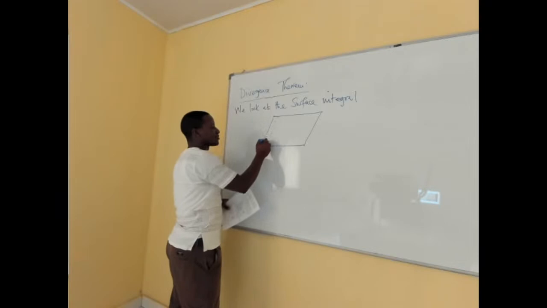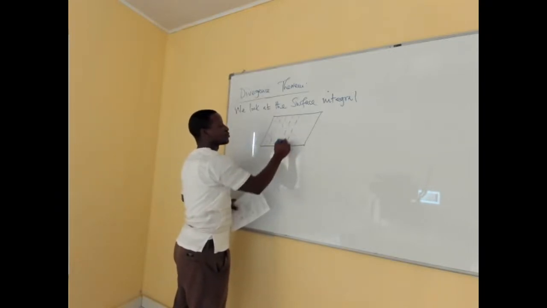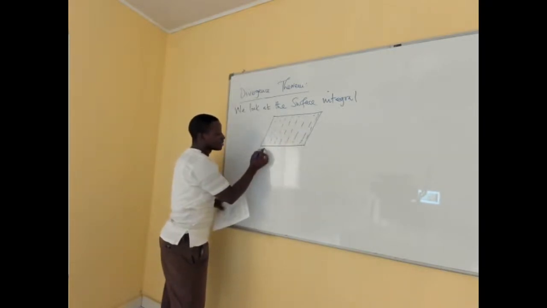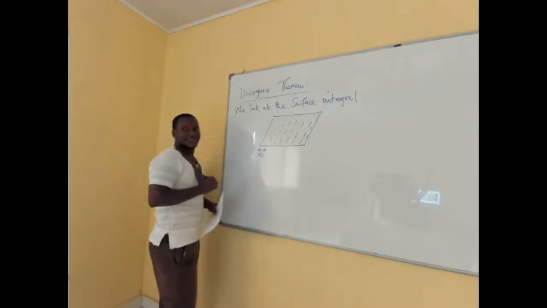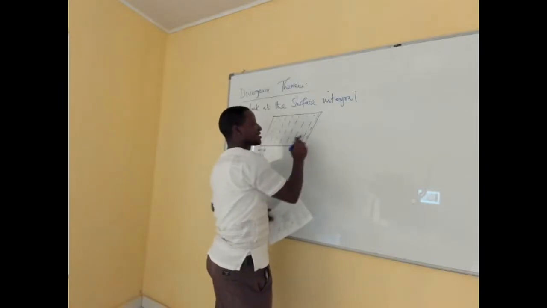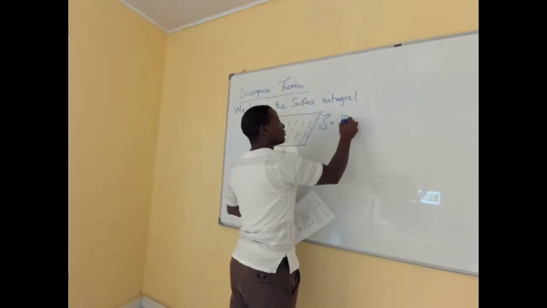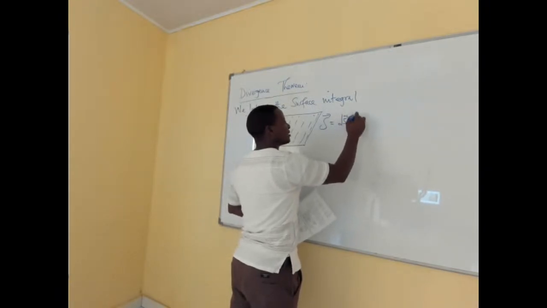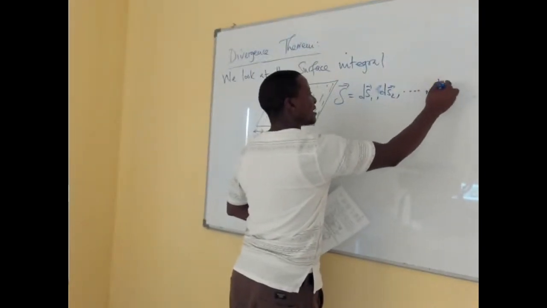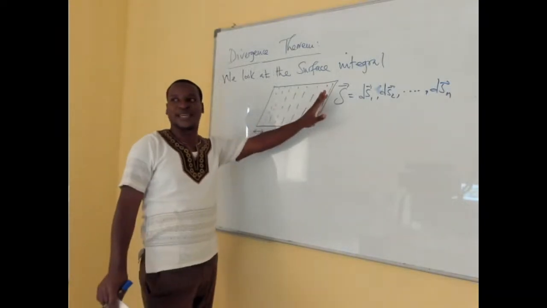Then we cut it into small surfaces, which we were calling the ds. From this point to this point, we're calling this ds. Then the total surface was given by ds1, ds2, up to dsn, that is the number of surface segments that we've actually made.